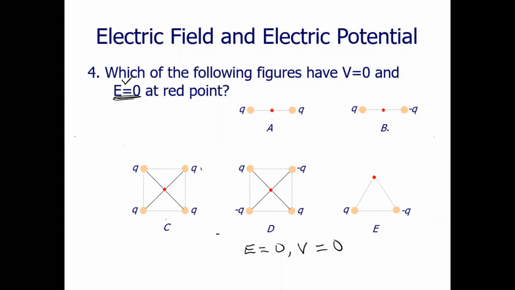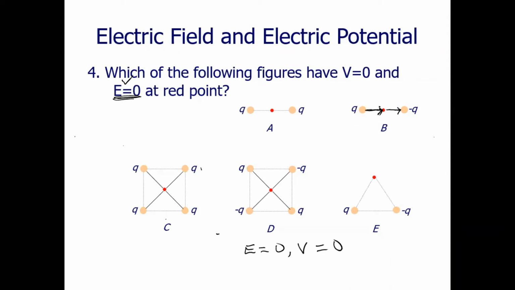What is the electric field? For the positive charge, the electric field line will be in that direction. Agreed, madam? The electric field line will be in this direction. That is for them. What about for the negative? The electric field will be in this direction, because the negative is a sink for the electric field lines. Now you can see that these are not canceling out.